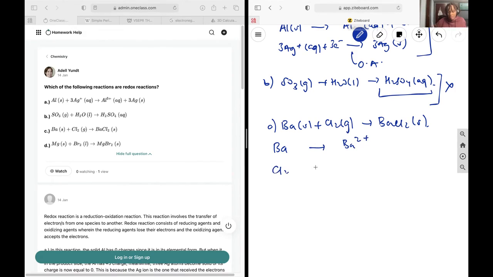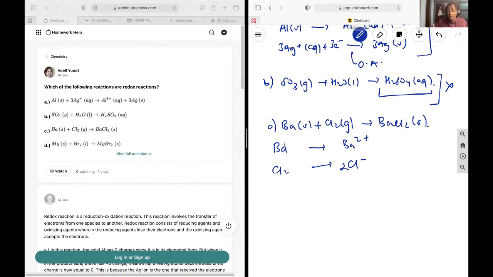And then Cl2 is becoming 2Cl-. And so now I balance that with electrons.